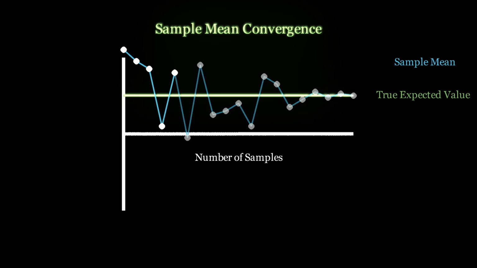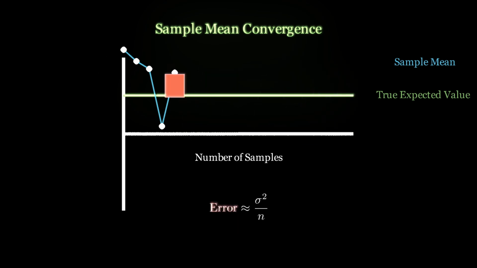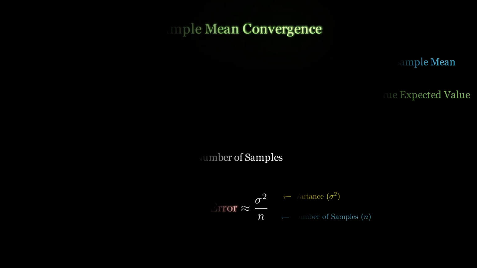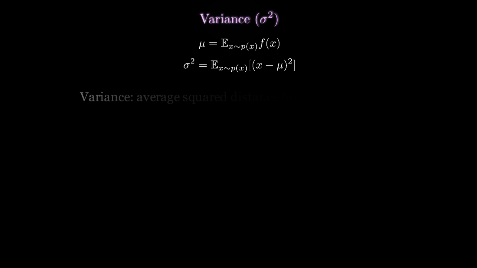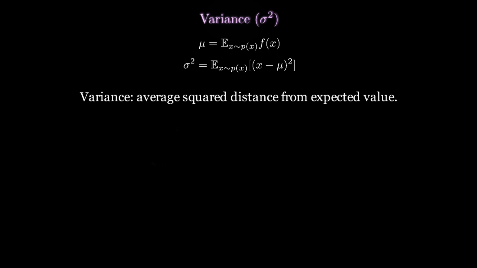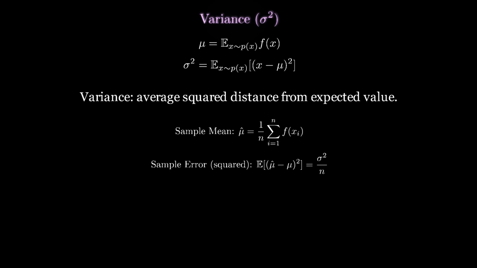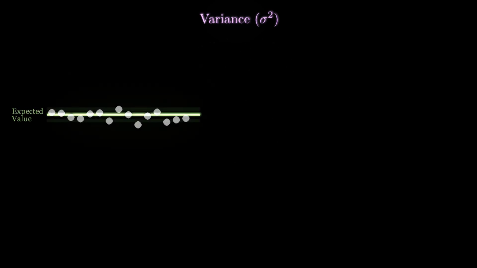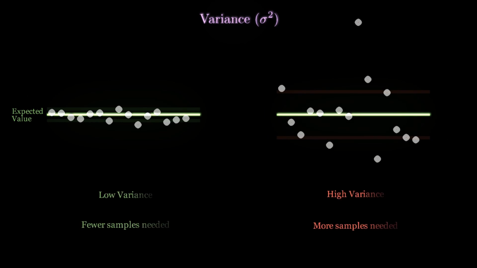But for finite sample sizes, there will be an error, and that error is expected to be equal to the variance divided by the number of samples. The variance, which is the expected distance between a sampled value and the expected value, measures on average how far a sampled value is from the expected value. The smaller the variance, the fewer samples you need to approximate the expected value. In the extreme case, when the variance is 0, you'll get the exact expected value after just one sample.